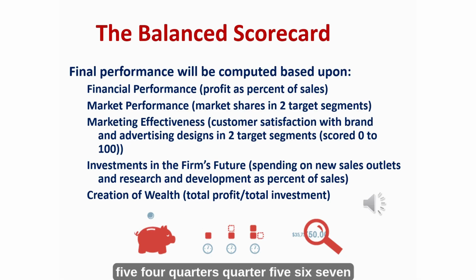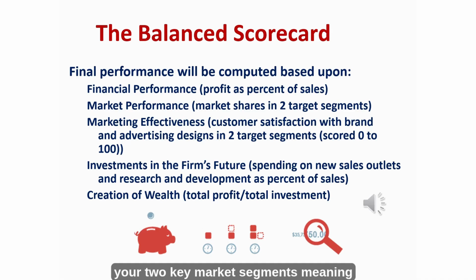For the final 4 quarters, quarter 5, 6, 7, 8, they'll look at financial performance in terms of profit as a percent of sales. So are you making good profit? Second, they're looking at market performance, and they're looking at your 2 target segments, the ones you highlight. These are my key ones that I ask you to confirm after each quarter.